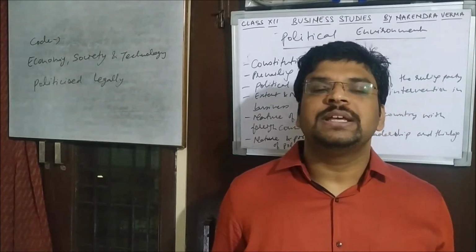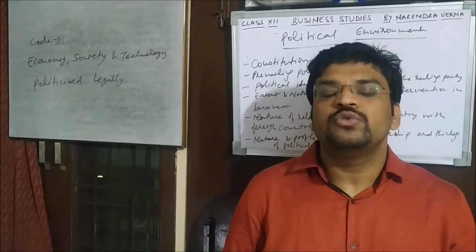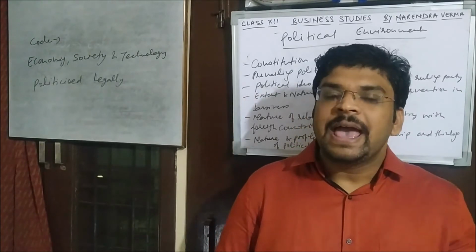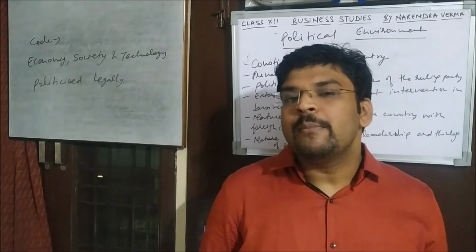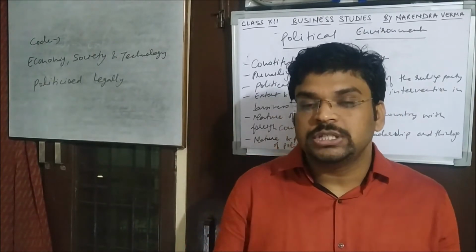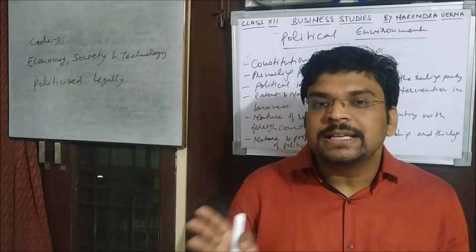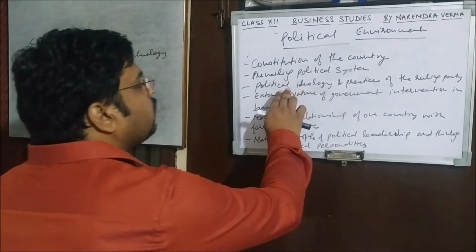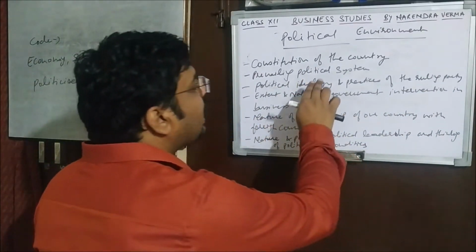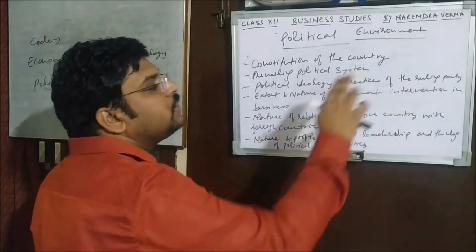If you take the example of India, various political parties are there, and all political parties do not function in the same manner. They have different ideologies. Their thinking is different, right? The same is given here: political ideology and practices of the ruling party.